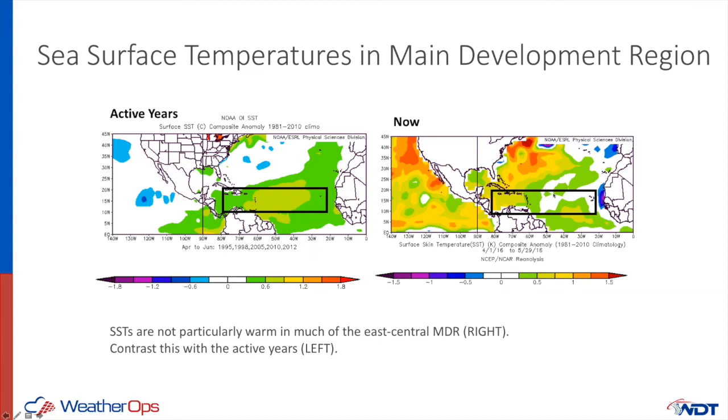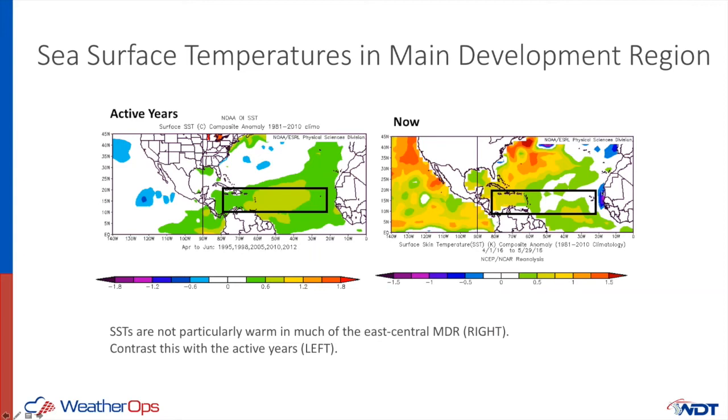This year, at least through the latest data point, which is May 29th, so pretty much all of April and May, you can see sort of a hole here where it's not quite as warm versus the composite.